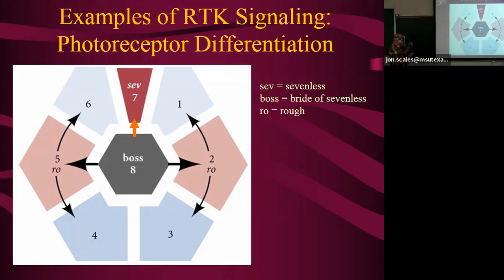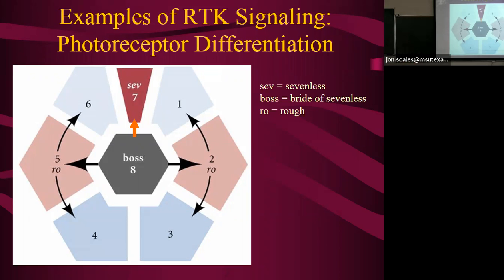They're named in terms of their position, not precisely by development. And so they named the ligand bride of sevenless, BOSS. Other genes involved, like RUF and things like that, are also receptor tyrosine kinases that respond to that same ligand.